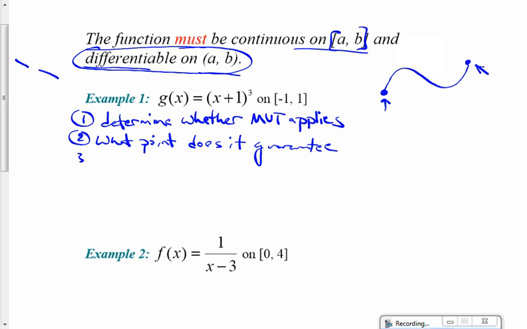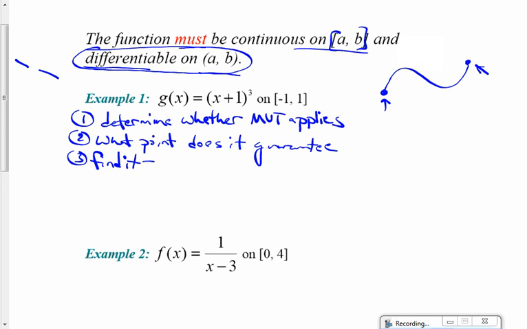And sometimes we're going to be asked to find the point that it guarantees. Not always, and in a lot of real-world examples you're not necessarily going to need to find it, but I want to walk through one that shows you how to do it anyway. Okay? So let's look at example 1.